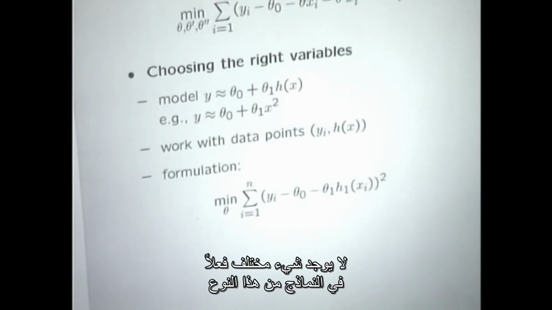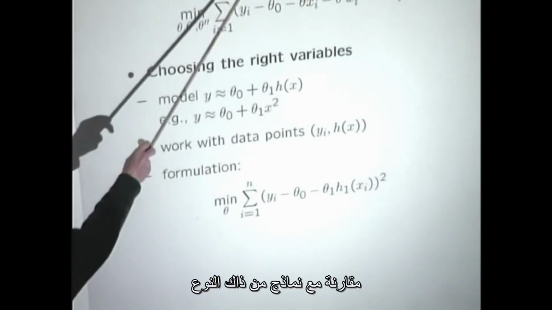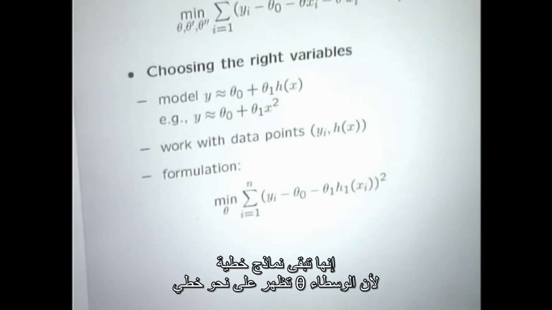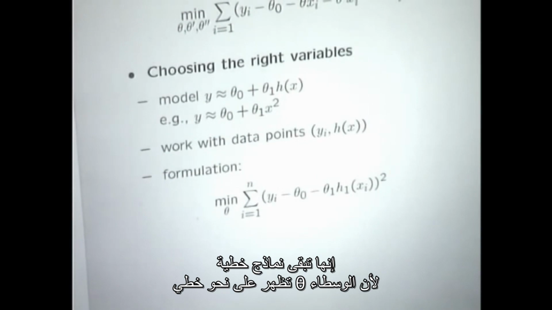There's nothing really different in models of this kind compared to models of that kind, they are still linear models because we have thetas showing up in a linear fashion.